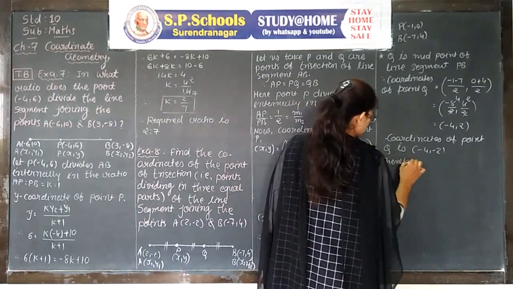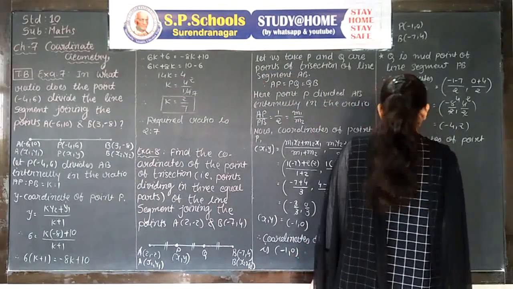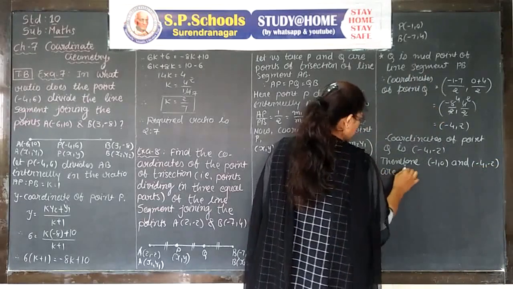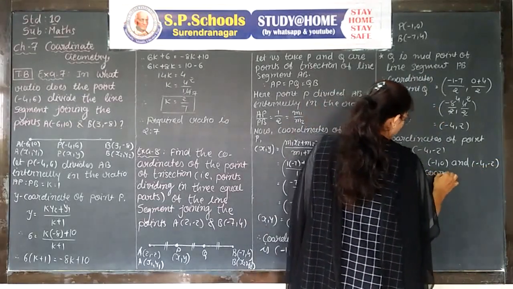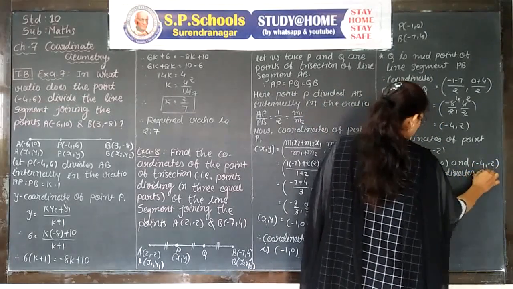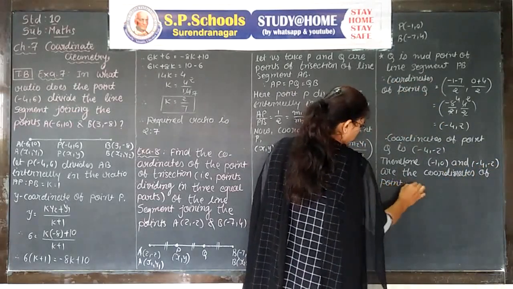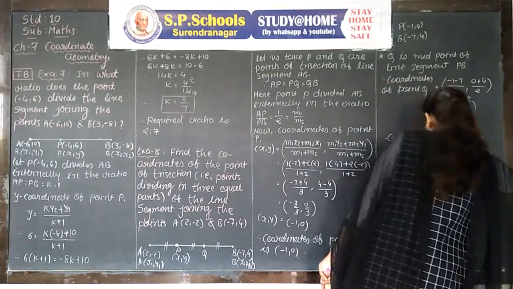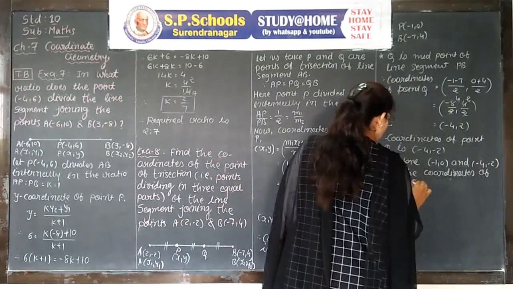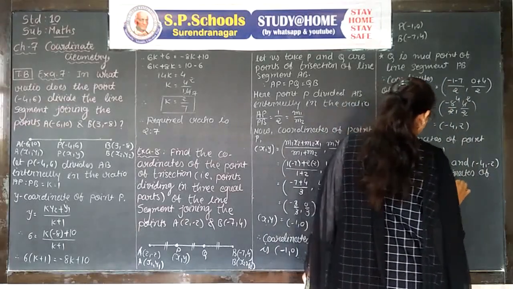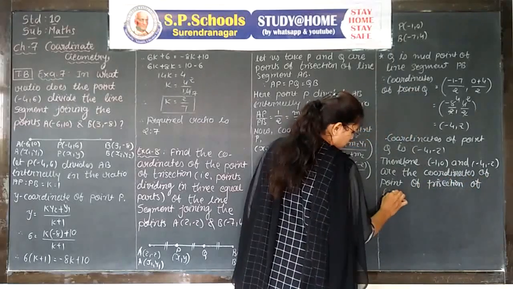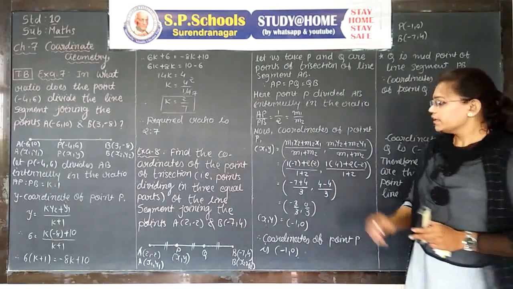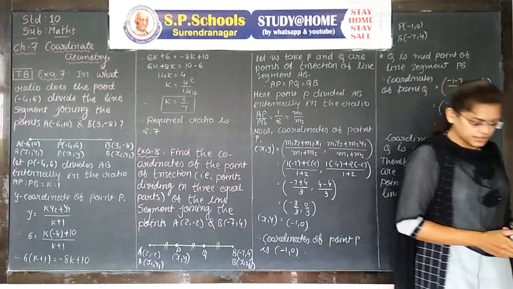Therefore, coordinates of point P -1, 0 and Q -4, 2 are the coordinates of the points of trisection of line segment AB. Here example number 8 is completed. Now we see the next example.